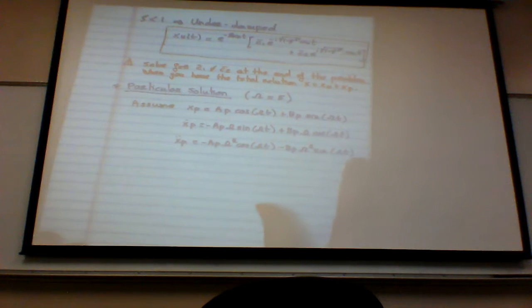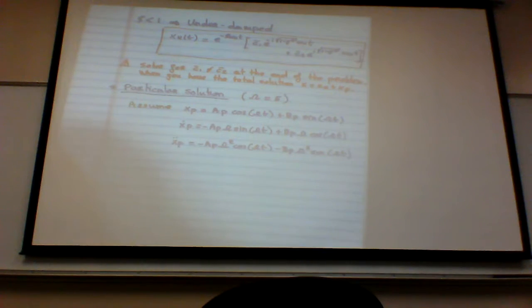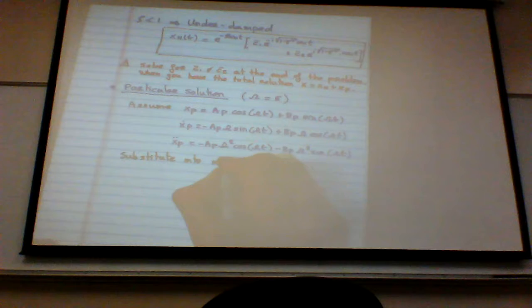Okay, so let's use some of the data here. Substitute into what? M x double dot plus C x dot plus K x, equal to, what is in this case, 10 cosine of 5t.